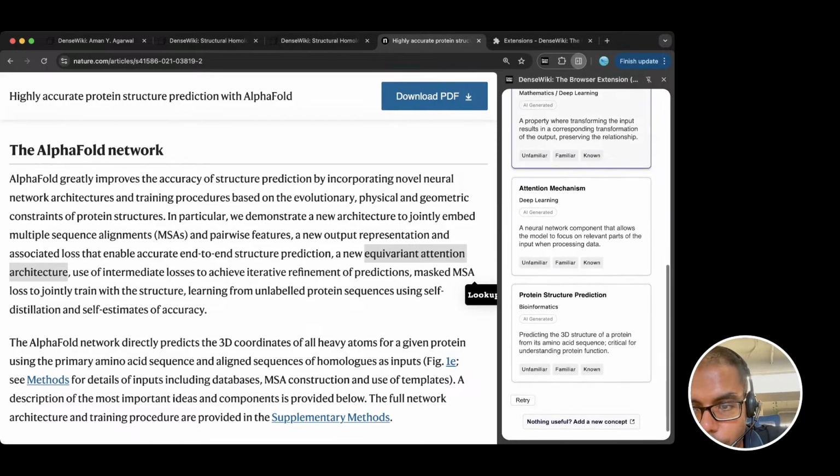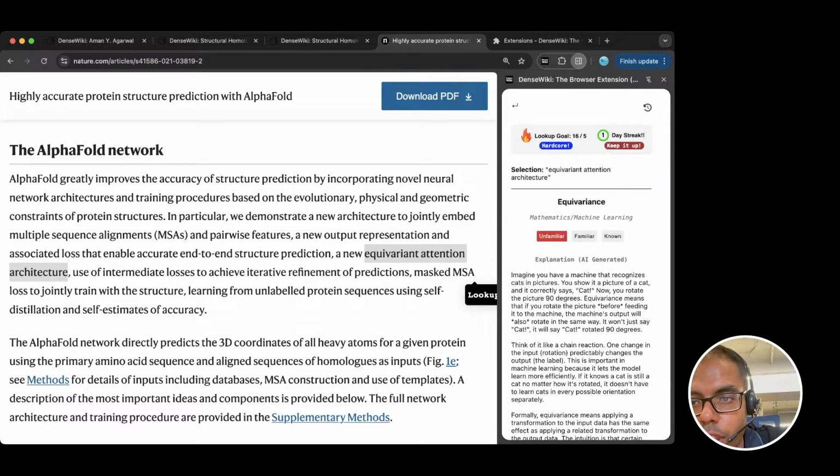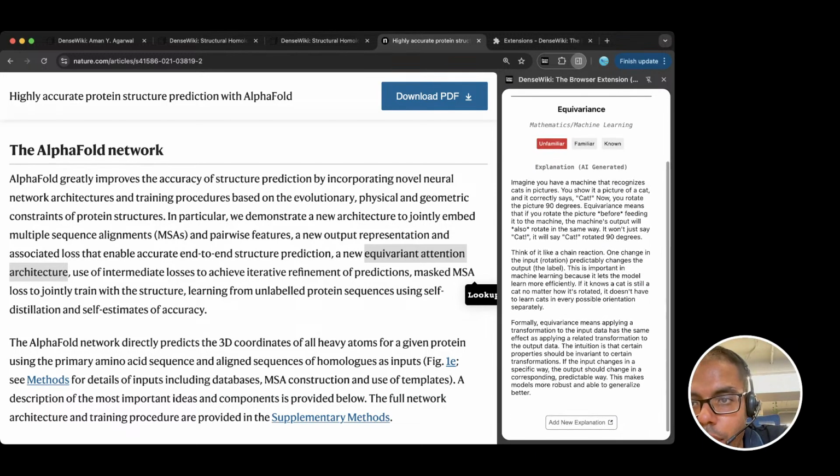I've already marked it as unfamiliar previously. Imagine you have a machine that recognizes cats in pictures. Show it a picture, and it says cat. Now you rotate the picture 90 degrees. Equivariance means that if you rotate the picture before feeding it to the machine, the output will also rotate the same way.